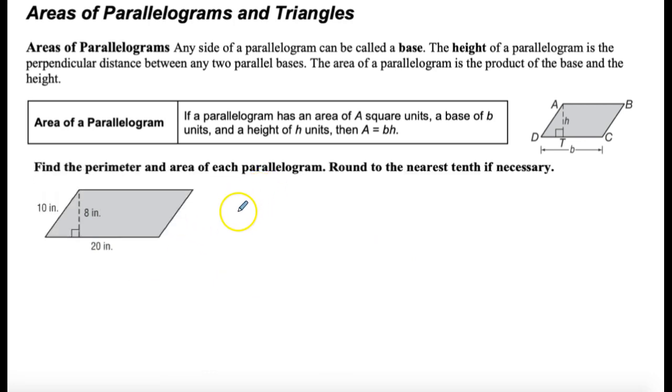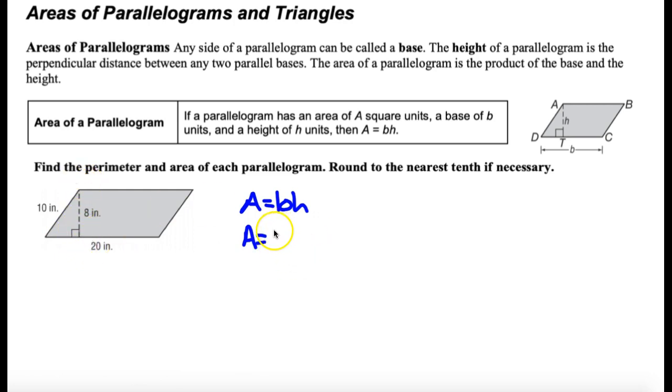In this next one, we are asked to find both the perimeter and the area. So let's start with the area. That's what we've been looking at. So area is base times height. So it's just important to identify the correct pieces of information here. The base would be 20, and the height would be 8.